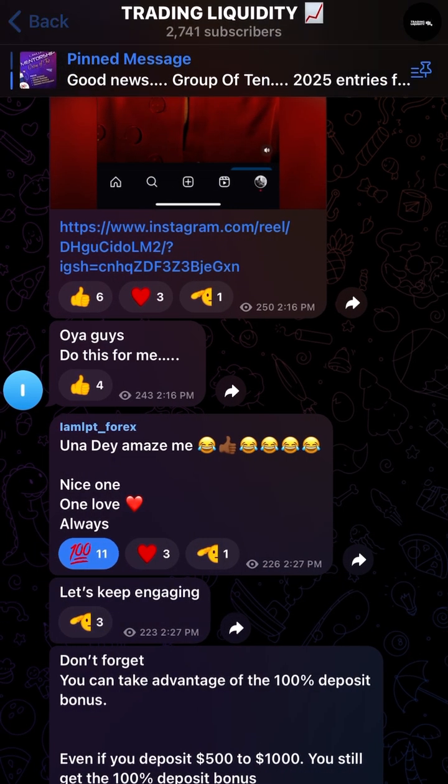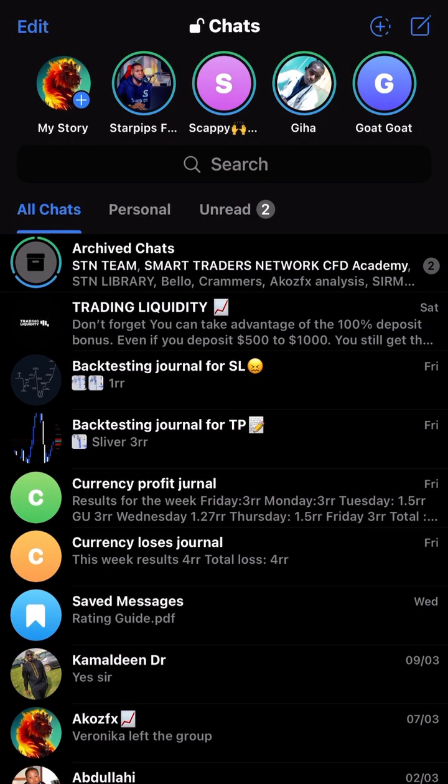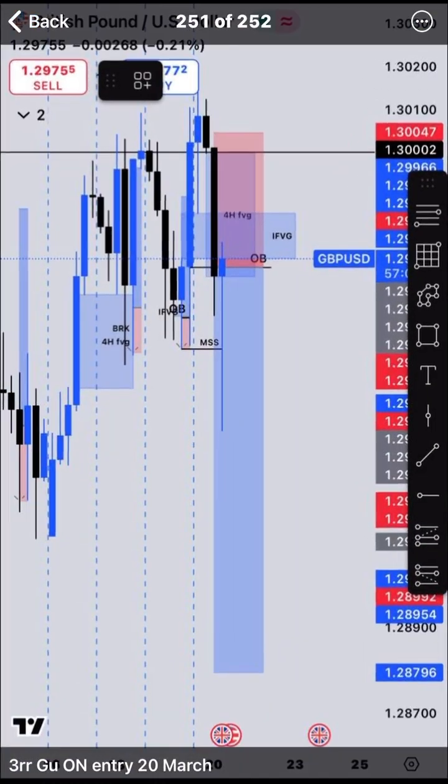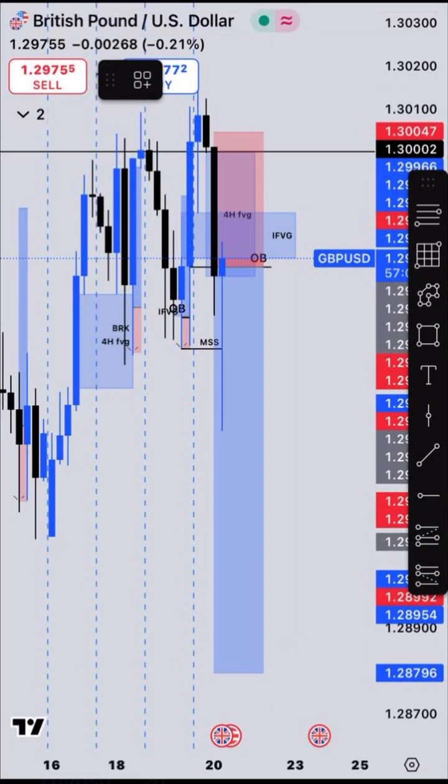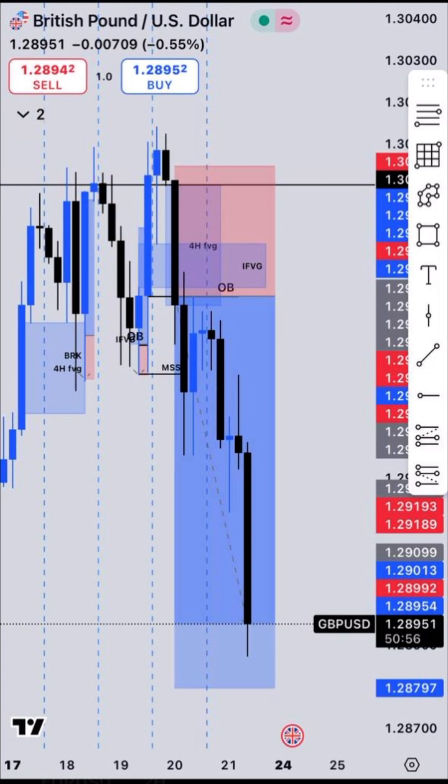Let me go to my Telegram and show you guys. This is the trade actually. You can see this is how I got my entry. This was before, and this is now when I hit take profit.